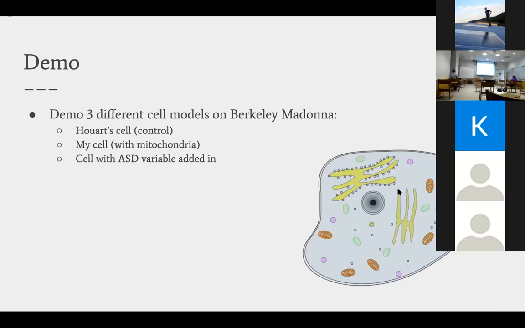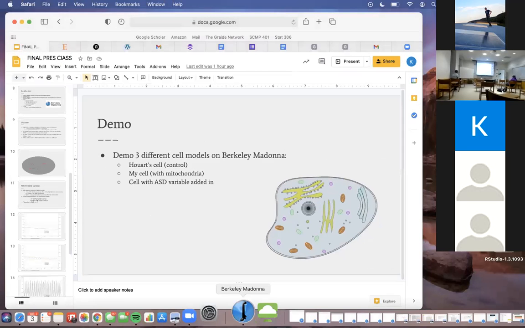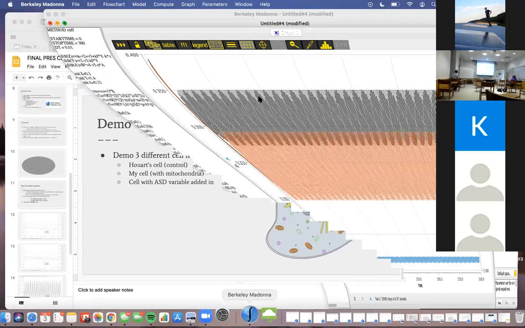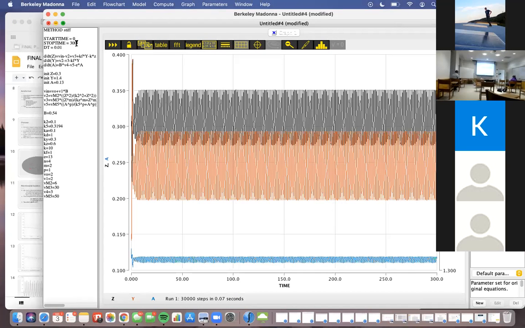So here I'll show you my Berkeley Madonna, and I'll show you those 3 different cells and how they look as a whole on Berkeley Madonna. So this is the Hurt cell. This is the cell just without the mitochondria variable that I added in.